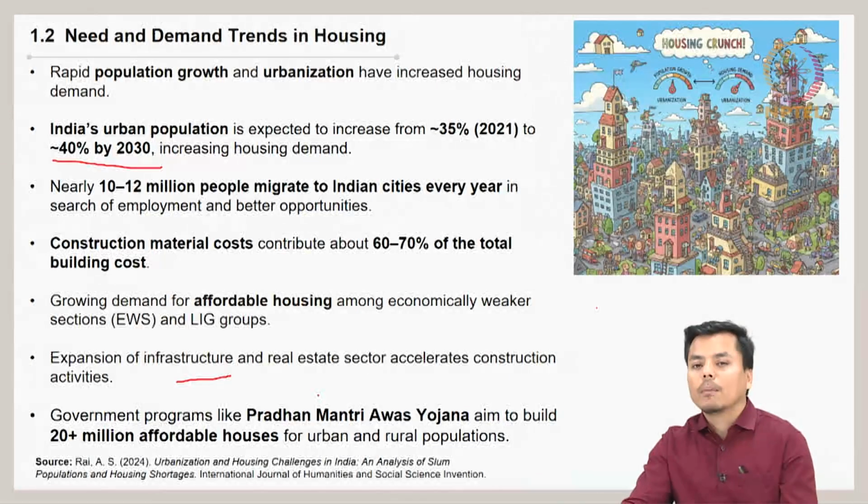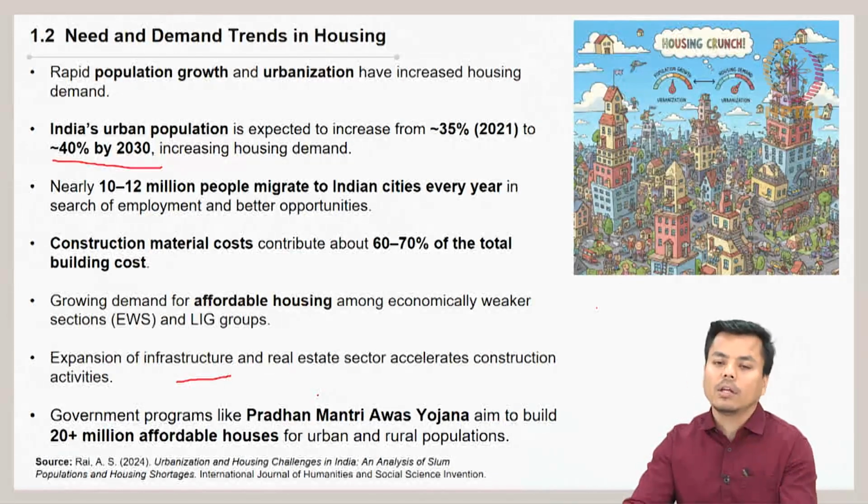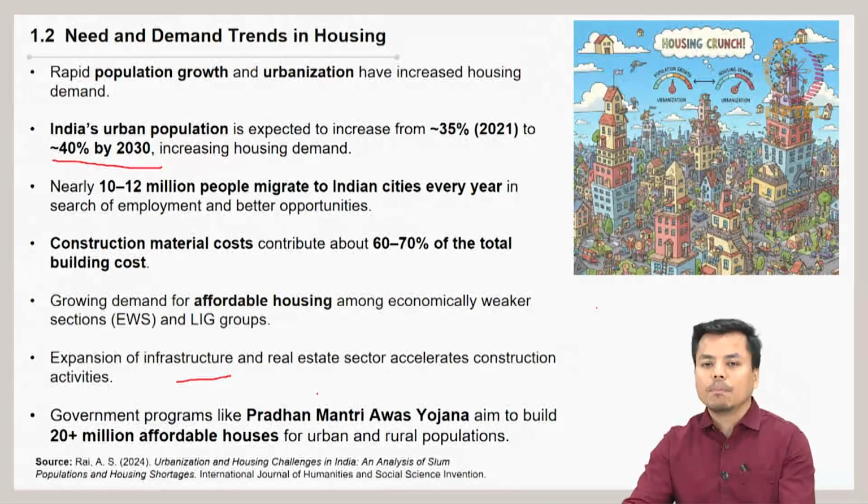It is a vision of the current Prime Minister of India that by the time we complete 100 years of independence, no one should be left without a roof. With that vision, the Government of India as well as different state governments are trying their best to fulfill the demand for housing for the poor, and PMAY urban as well as rural has been implemented in most of the states in India.